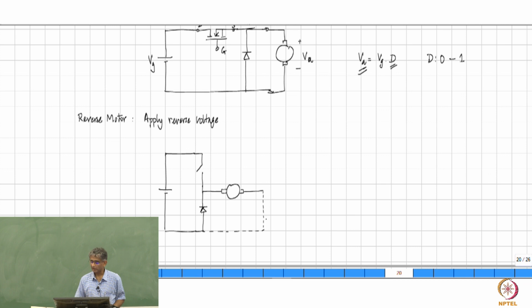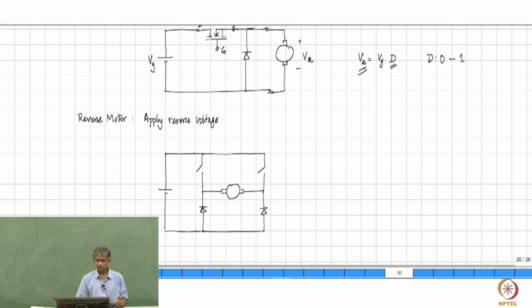Now, if you want to apply negative voltage, what one can do is take this and put a switch here and then convert this path to a diode. Okay.